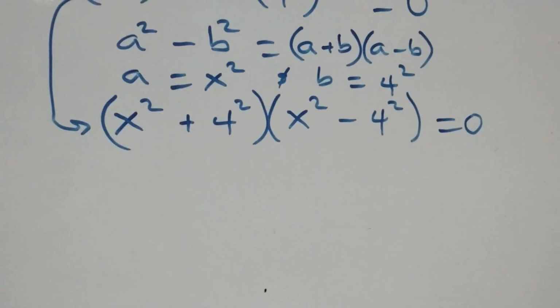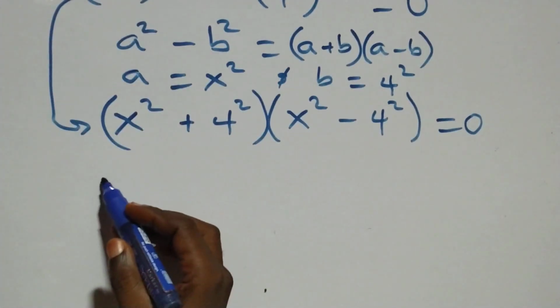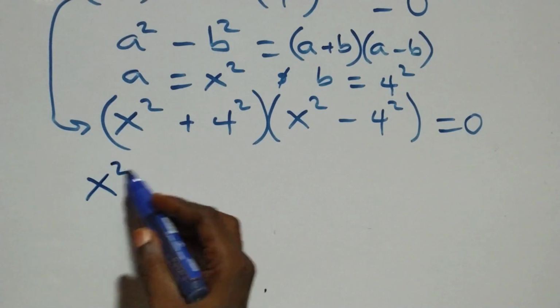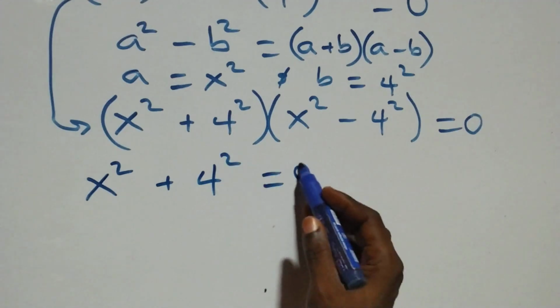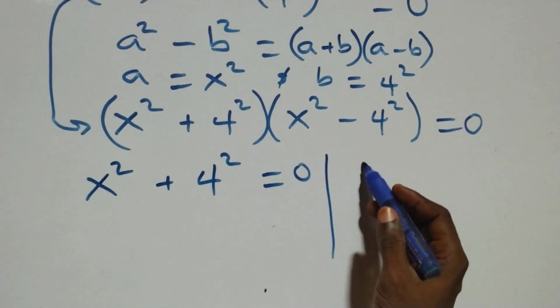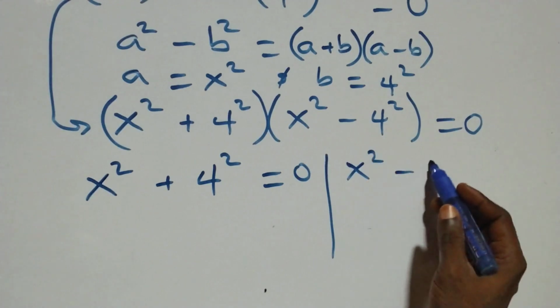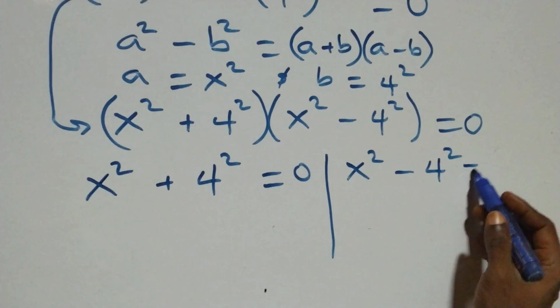Then also here we have two possible cases, that is x squared plus 4 squared equals to 0, or we have x squared minus 4 squared equals to 0 here.